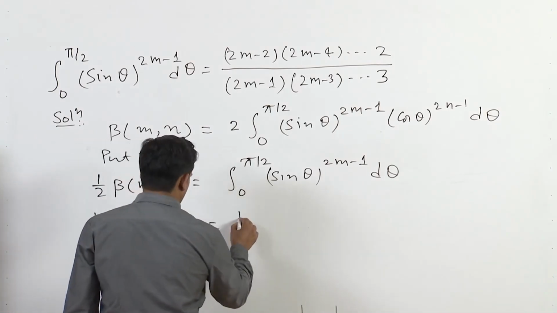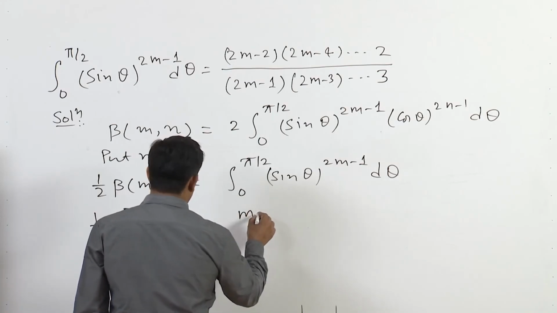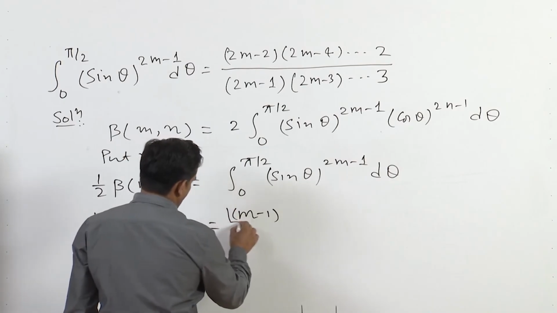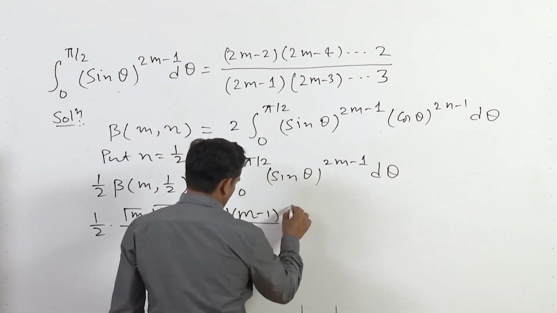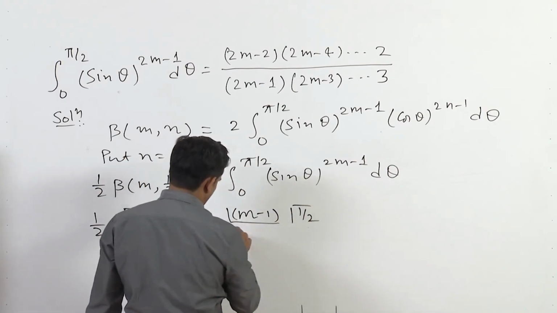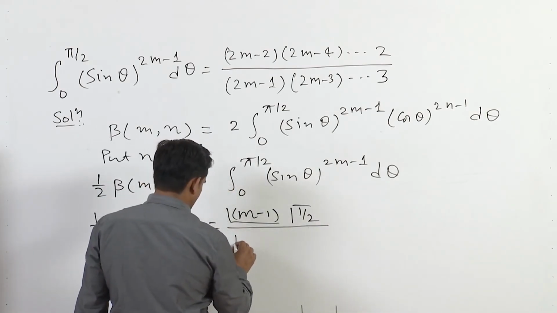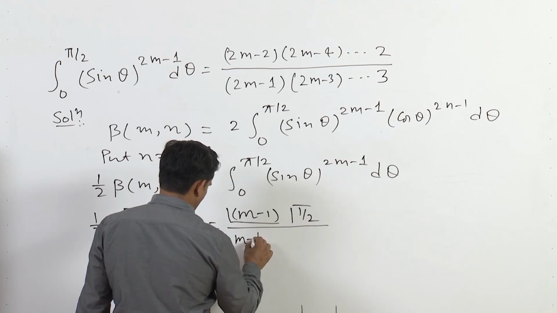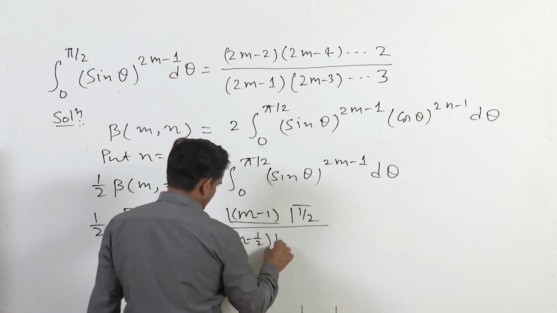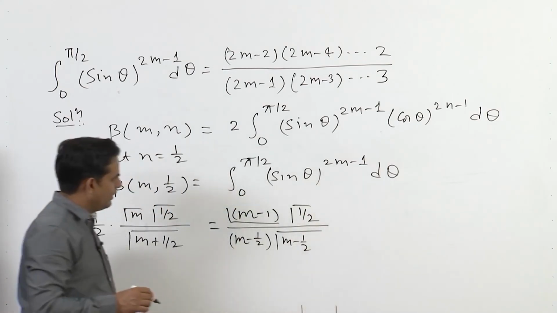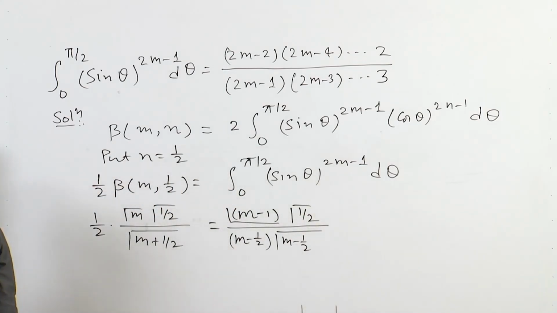So, this equals factorial m minus 1, gamma half, upon gamma m plus half.